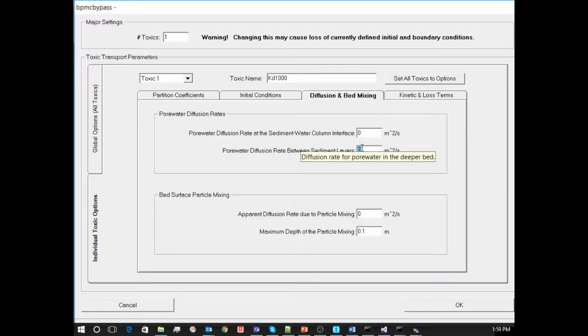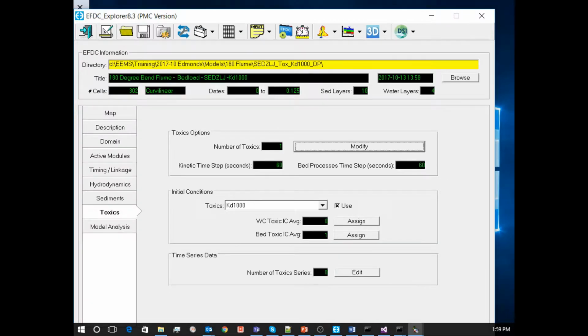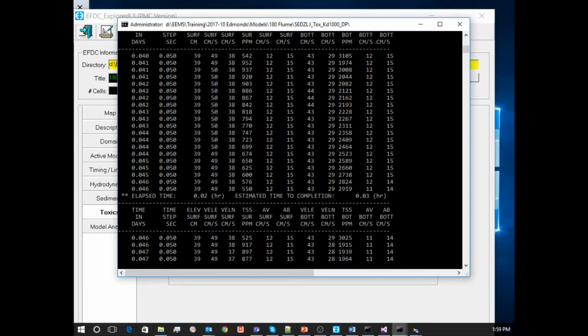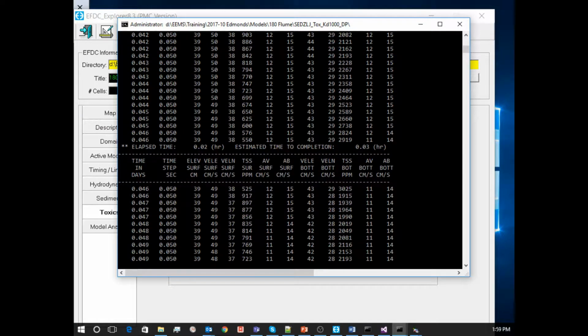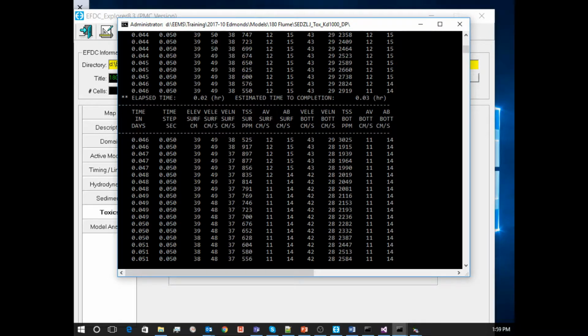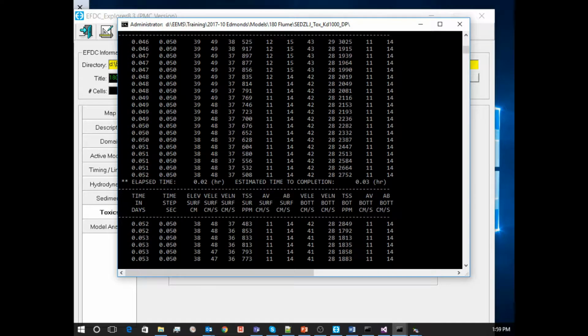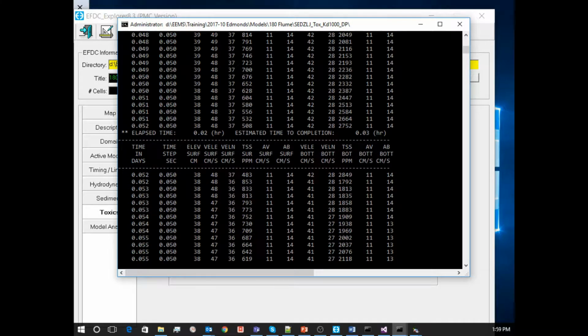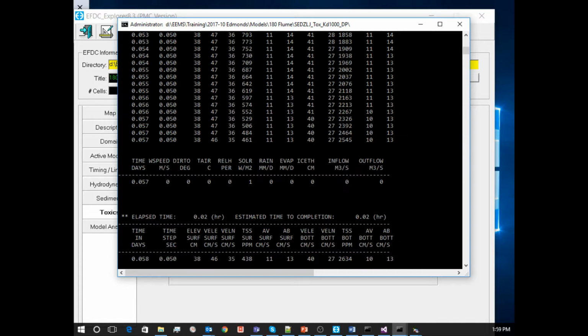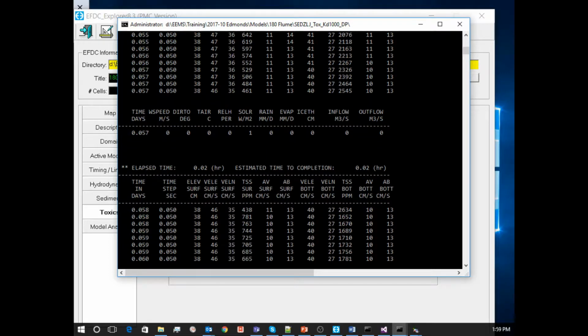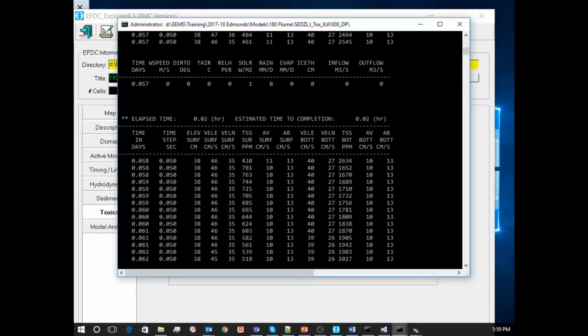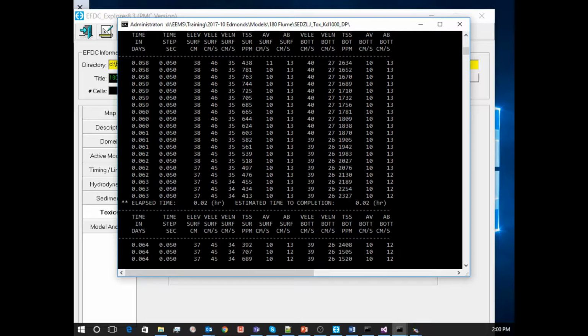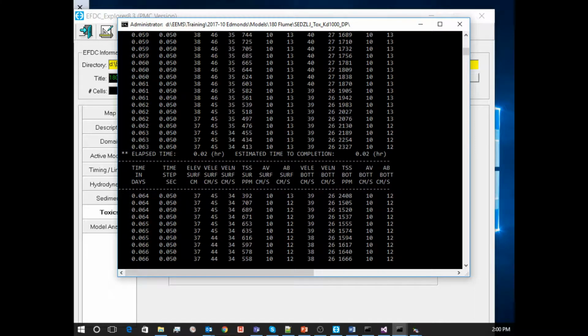I want to jump back to a more realistic test case with the naphthalene. By the time I get finished talking, the model will essentially be done. Not quite, a third done. But that's what I want to do next. Right now we're using 10 to the minus 8, and then we'll try 10 to the minus 7, 10 to the minus 6, and see how that drop affects the water column and the sediment bed.